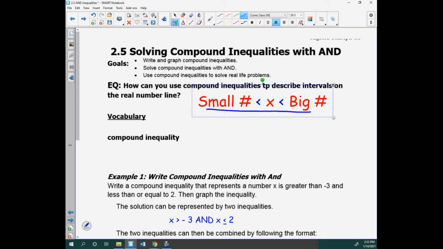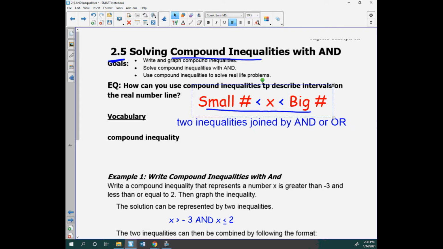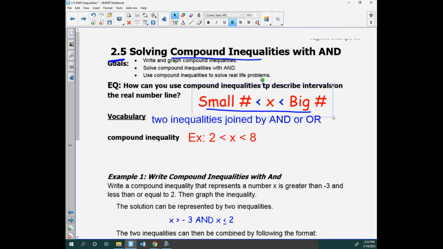All right. This is the first half of compound inequalities. We're going to break up 2.5 into kind of two different sections, and today we're just doing the "and" ones, okay? But what a compound inequality is, it's two inequalities and they're joined by the "and" or the "or." So for example, this is what we're going to be dealing with today. You see that sign that we just said?